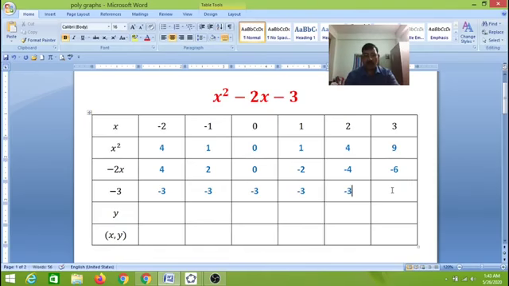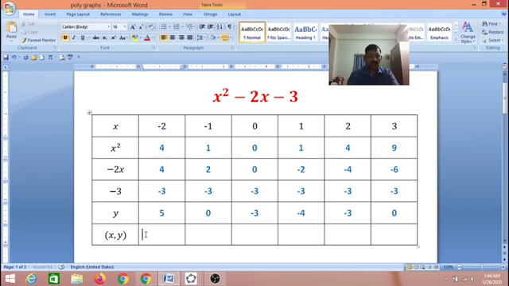Then simply add the values. 4 plus 4, 8, 8 minus 3, 5. Then 1 plus 2, 3, 3 minus 3, 0. Then minus 3. Then minus 2 plus 1 is minus 1, then minus 4 plus 1... then again minus 3, then 0.